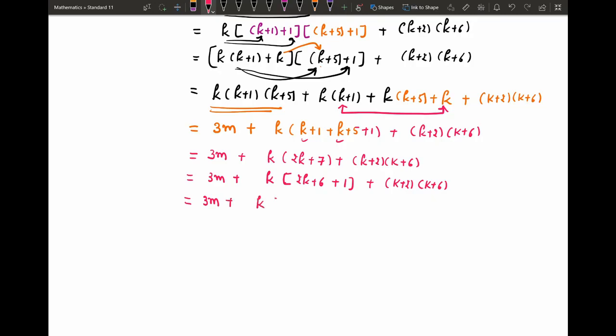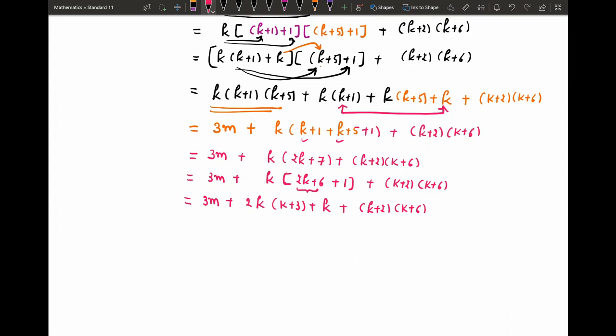Here k into 2 we can take common, k plus 3 plus k plus k plus 2 k plus 6.